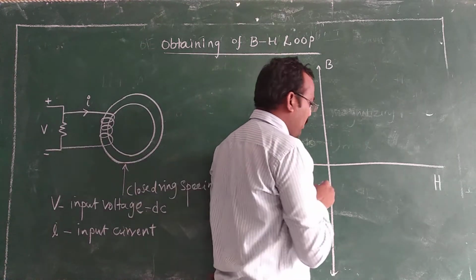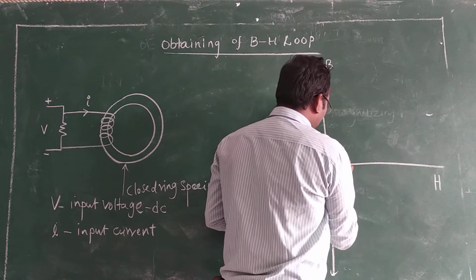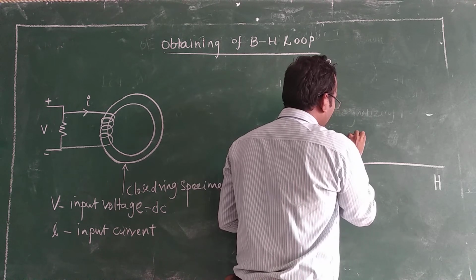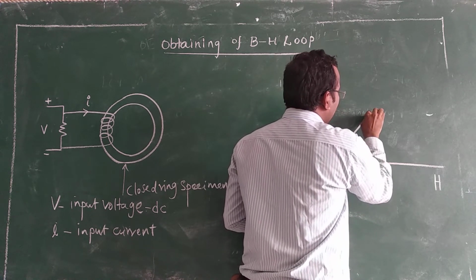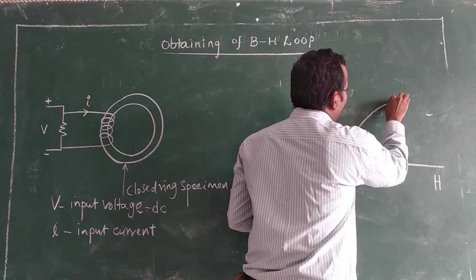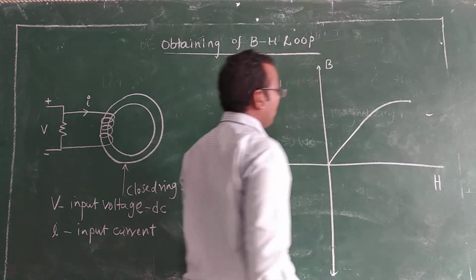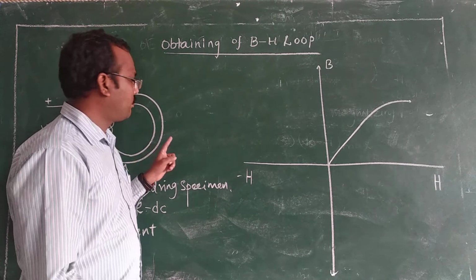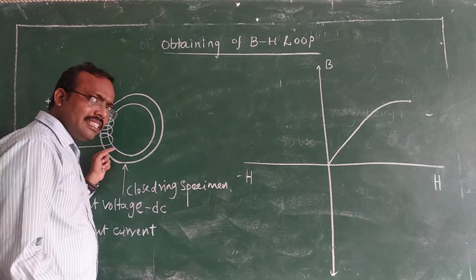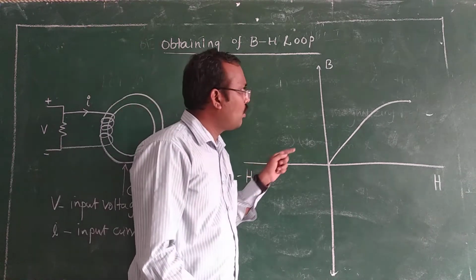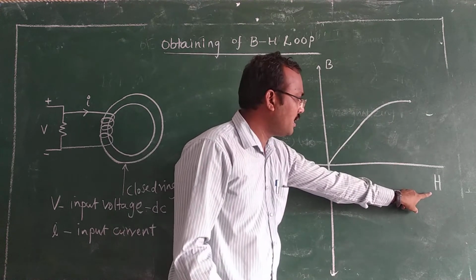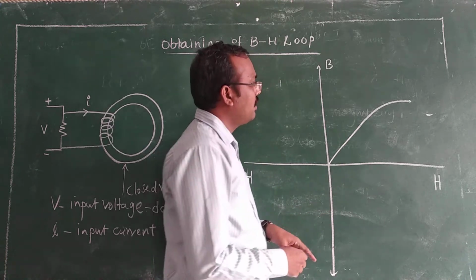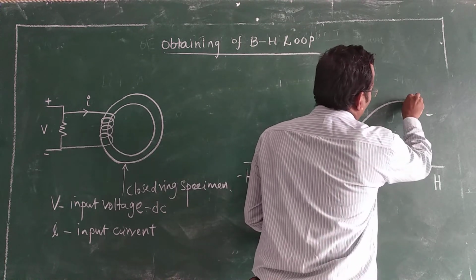At the same time, both H and B increase linearly in the beginning, and then they saturate at some point. So at the initial condition, the input supply current increases gradually, and both B and H increase linearly and then saturate at a particular point.